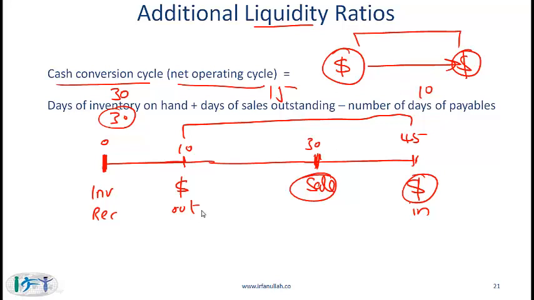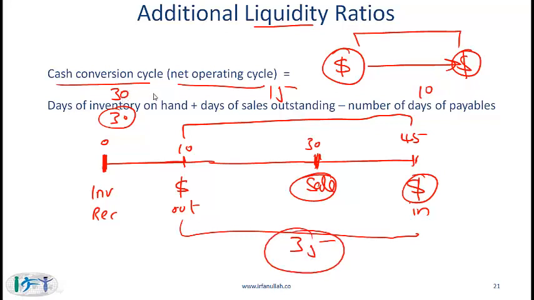So the cash to cash cycle or the cash conversion cycle, as you can see from this picture, is 45 minus 10, which is 35. You get the same answer using the formula. So 30 and 15 is 45 minus 10 is 35. And again, a relatively high number would mean low liquidity and a short number means high liquidity because the company is getting cash back very fast.